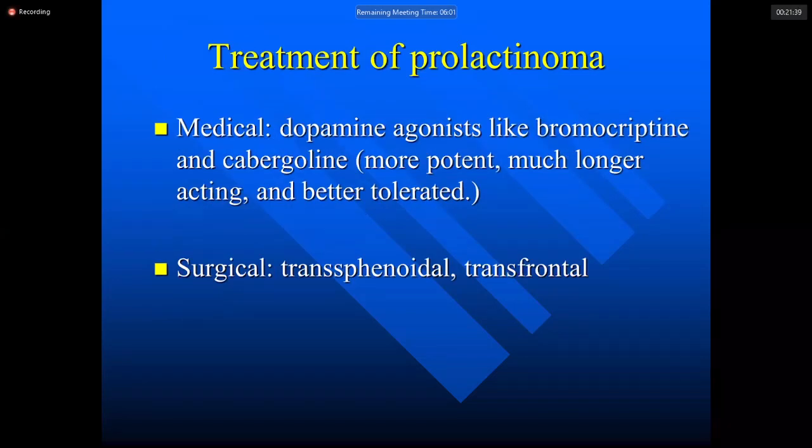And the best way to treat the prolactinoma is with medical treatment using a dopamine agonist that will suppress the growth and release of further prolactin, like bromocriptine and cabergoline, which is more potent, much longer acting, and better tolerated. But in cases where there is no response to these medications, and if the tumor is big enough to cause critical compression on the optic nerve, we may resort to surgery from the start.